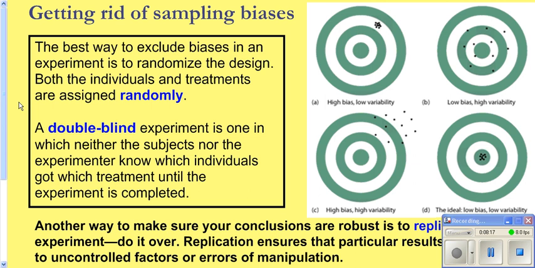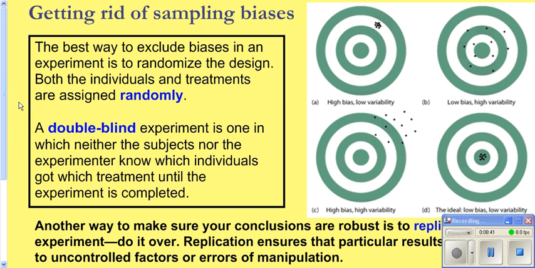Now, double-blind experiments are also commonly used. That's where the people in the study don't know if they're receiving the treatment or a placebo, and the people conducting the survey or the experiment and collecting the data don't know who is receiving the drugs and who is not receiving the drugs.